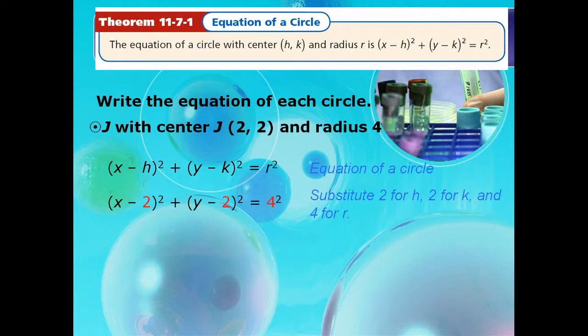So we have (x minus 2) squared plus (y minus 2) quantity squared equals 4 squared. We'll simplify by squaring our radius. And this would be the format that we would be looking for, the equation of a circle: (x minus 2) quantity squared plus (y minus 2) quantity squared equals 16.